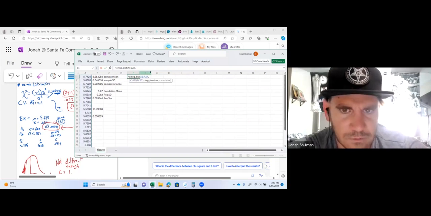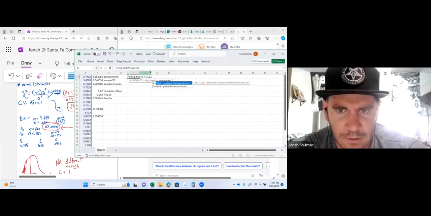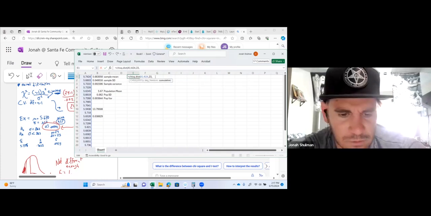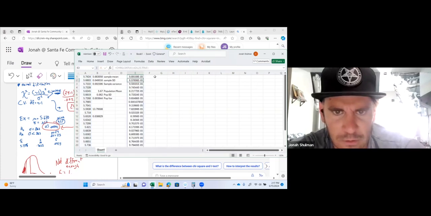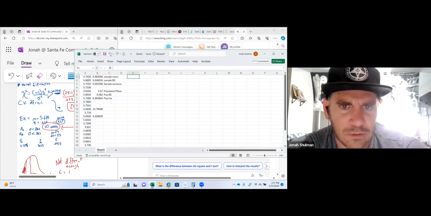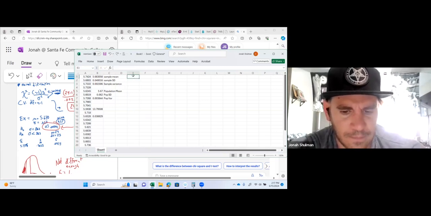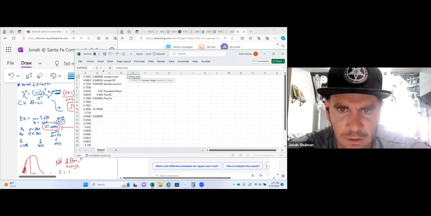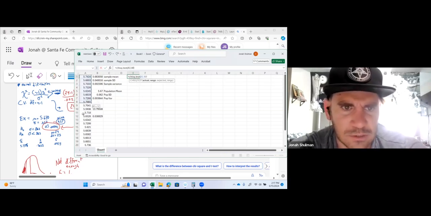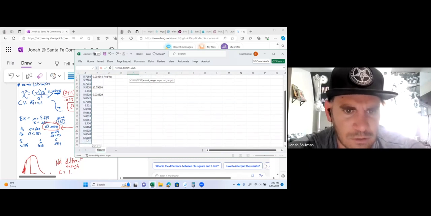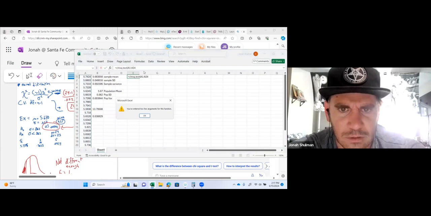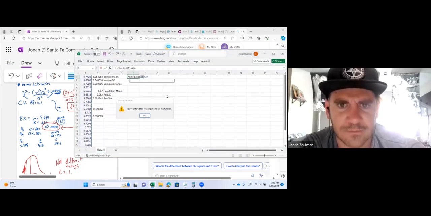Our degrees of freedom is 23. Let's go with true. Let's see what happens. No. So equals chi-square dot test. The actual range is this. And we need an expected range.